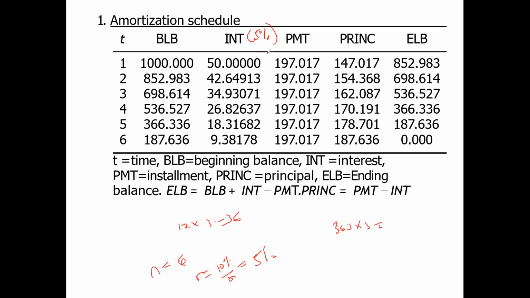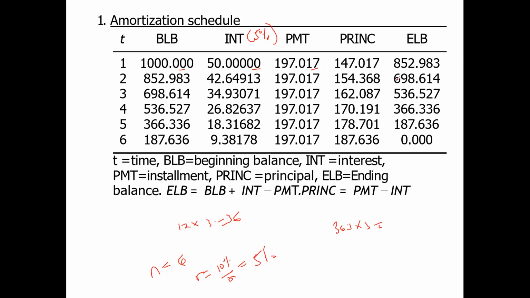Okay. And as for the schedule, you can do it. So 5% on 1,000, you get this. Then your installment payment is constant throughout. So it's the same throughout as we can see here. So the ending balance is beginning balance plus interest minus the payment.